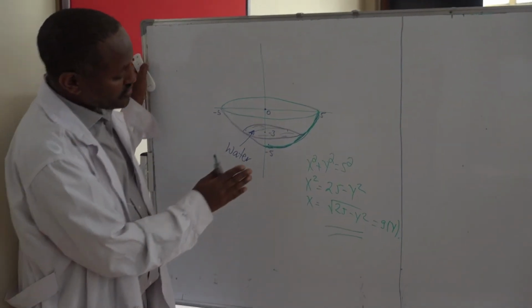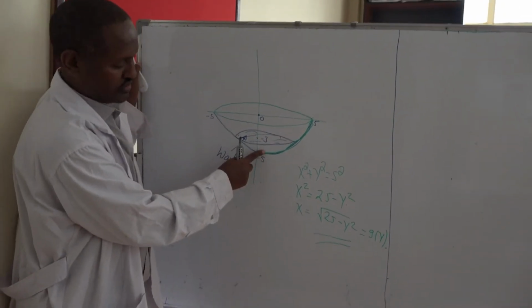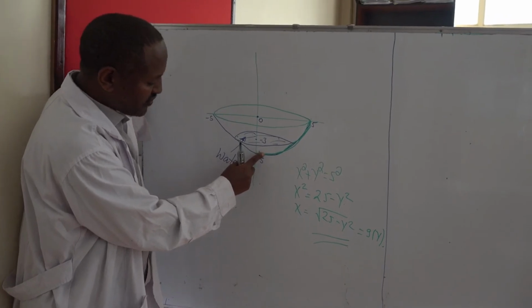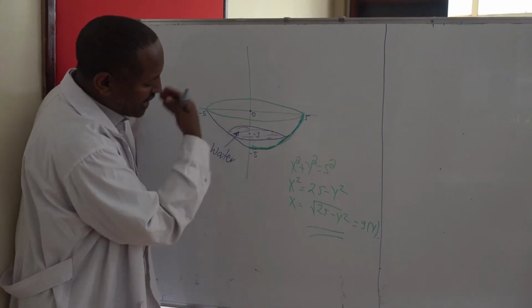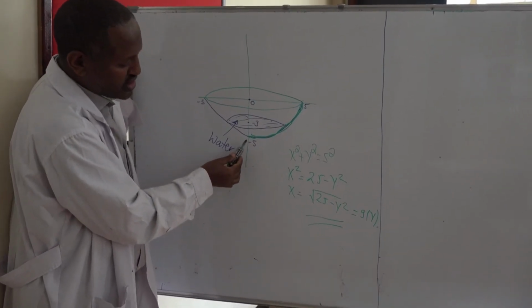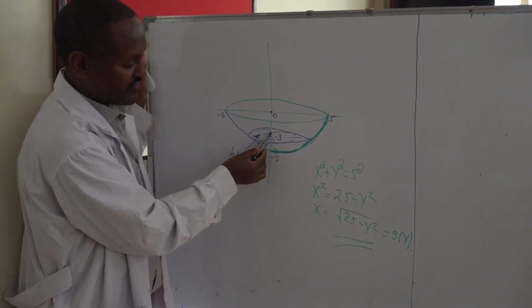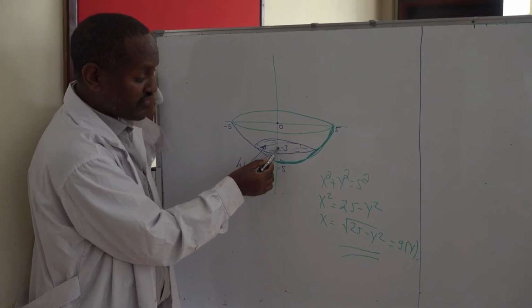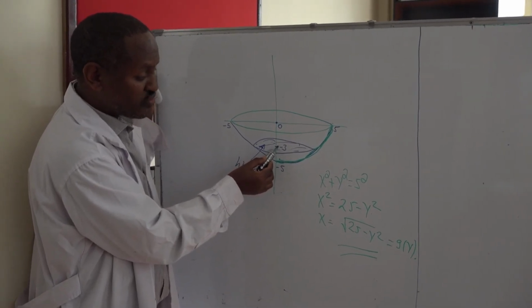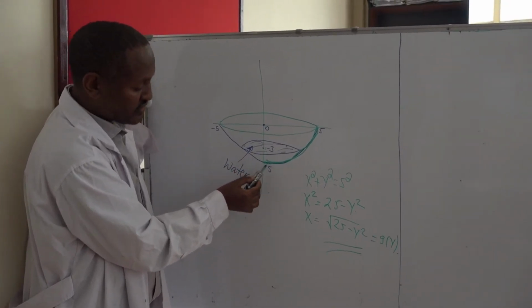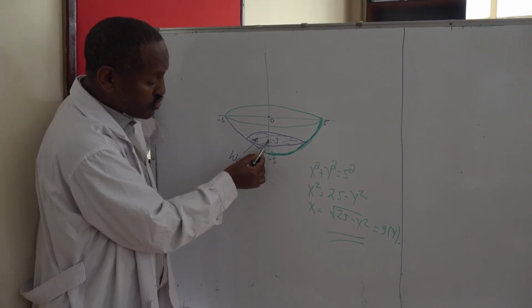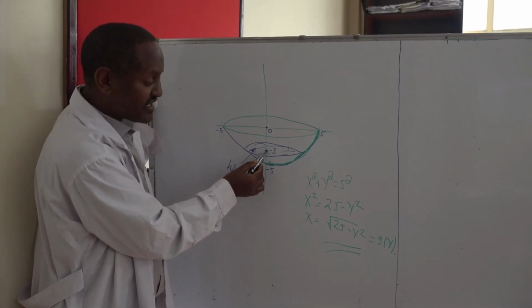Now if you revolve this quarter of a circle about the y-axis on the closed interval [-5, -3], because we have been given that the maximum depth of the water is 2 units. Therefore, since this is -5, the top of the water will be at -3.